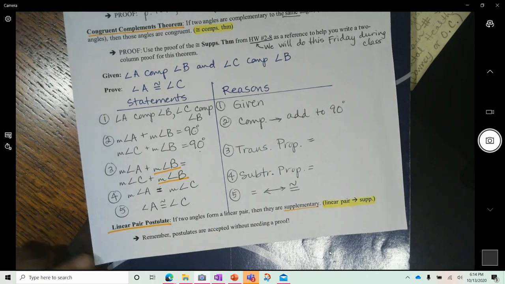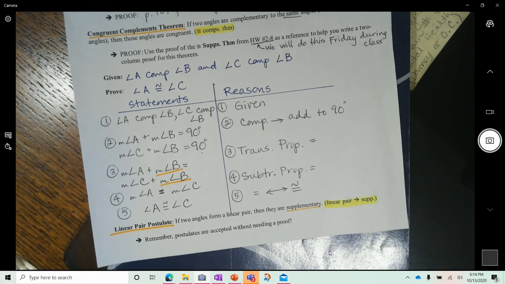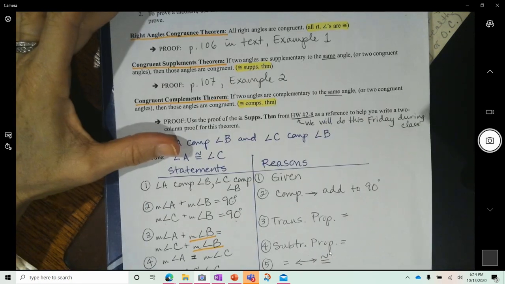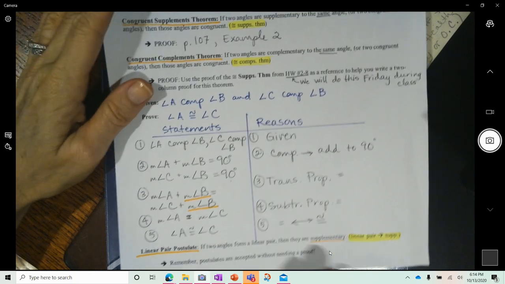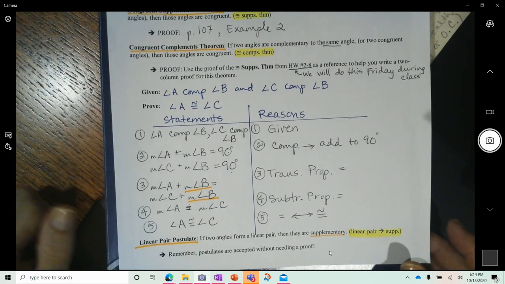And remember, we don't have to prove this because postulates are accepted without needing a proof. It's just one more tool in your tool bag that you'll be able to use along with these theorems. So if you need to write anything else down, pause the video. Otherwise, I'm going to turn the page and keep going.